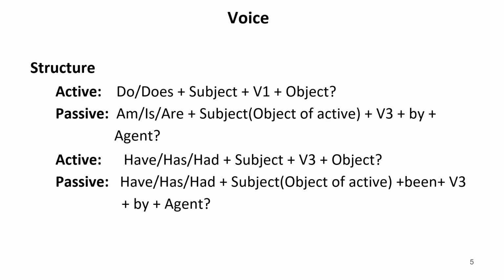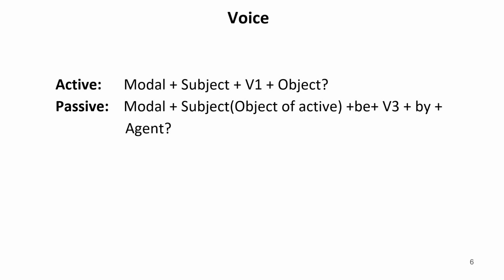Now if the active sentence is like have, has or had plus subject plus verb third form plus object, then have, has, had plus subject, that is object of the active voice, plus been plus verb third form plus by plus agent. So this will be the structure of the passive sentence.